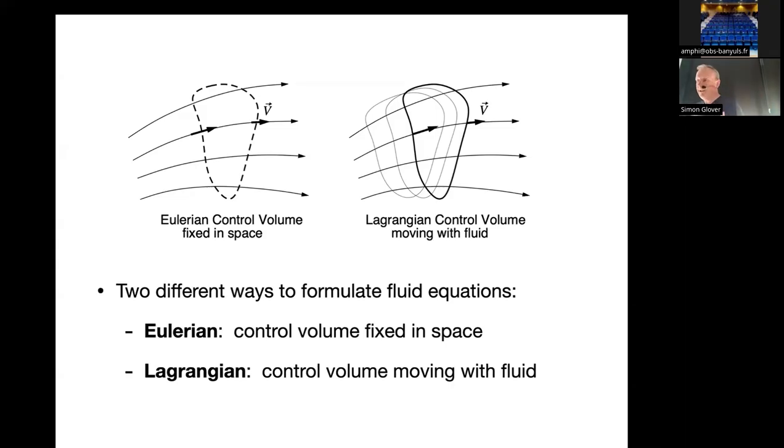The other picture that we can have is the Lagrangian picture, where we're actually imagining moving with the flow. So our control volume in that case is flowing along as the fluid flows. And so we just move along with the fluid and look at how the other variables change as we move with that fluid.